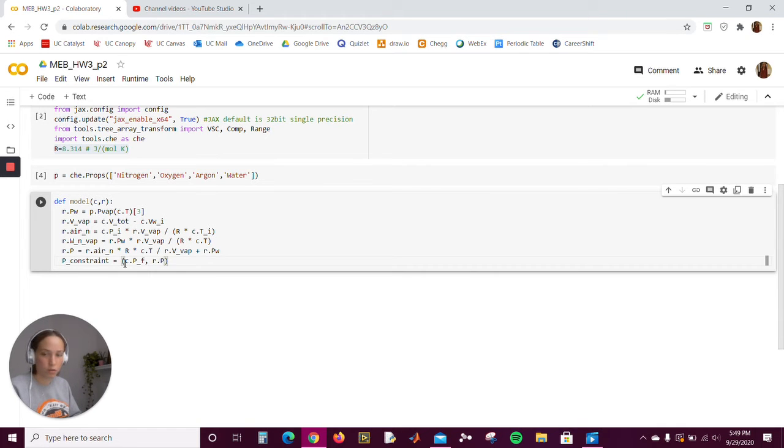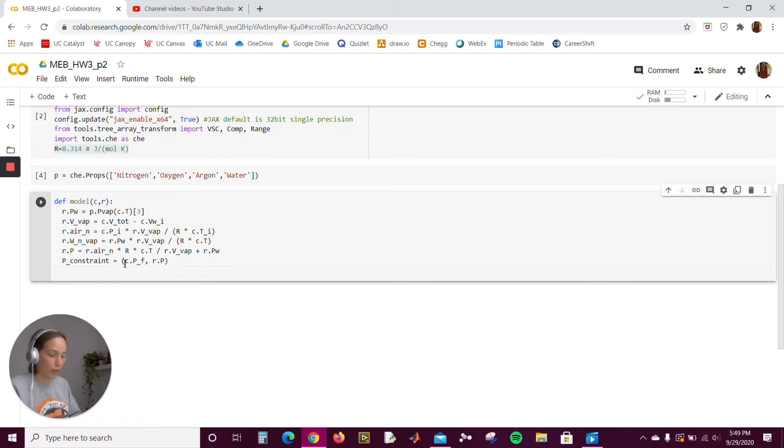And then our number of moles of water constraint.